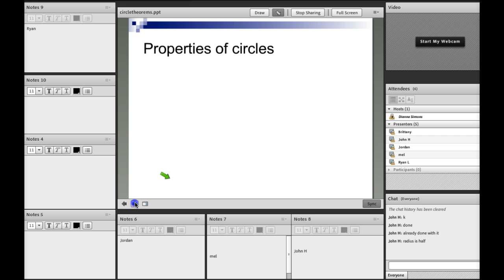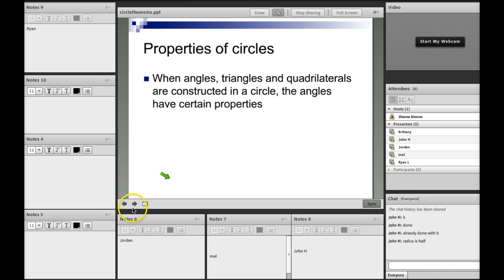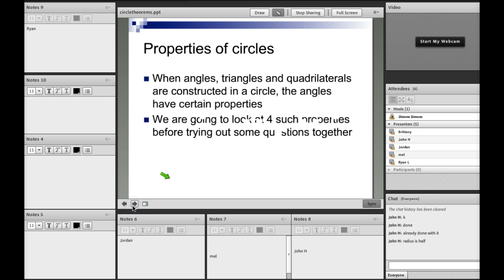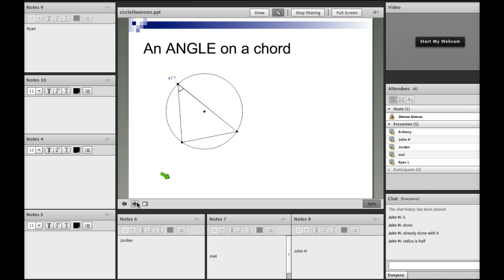All right, properties of a circle. When angles, triangles, or quadrilaterals are constructed in a circle, the angles have certain properties. So we're going to look at 4 such properties, and then we've got some questions. All right, so an angle on a chord.